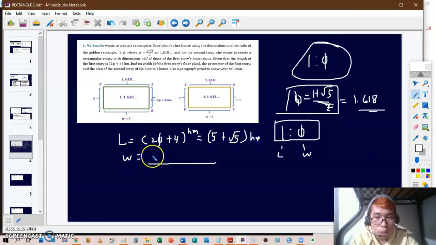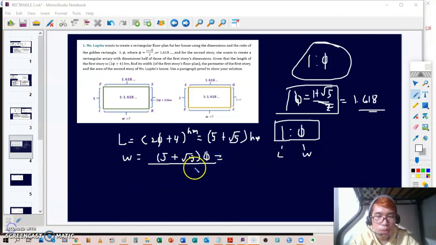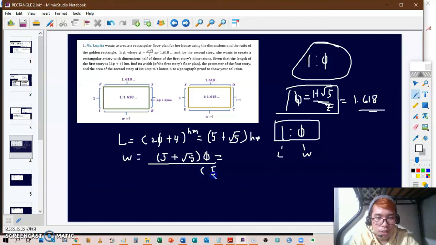To solve for the width, we have to multiply the length and the value of phi. So we have here 5 plus square root of 5 times phi, and the width is equal to 5 plus 3 square root of 5 hectometers. Now that we know the dimensions of the first story, we can solve for its perimeter.